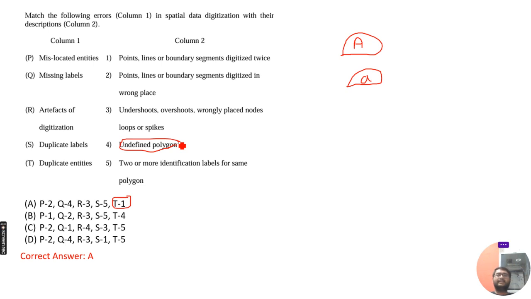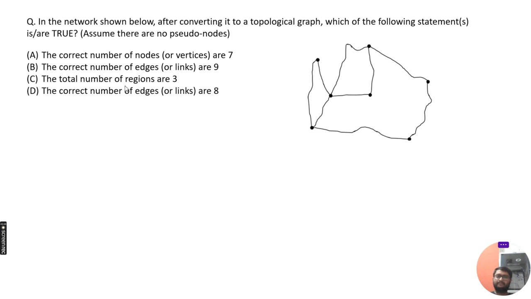So there is no classification of highway suggested by that particular attribute value. So we have removed those data points, which are considered undefined polygons, sometimes. And then we have mislocated entries. It is related to locations mostly. So it is at one place, but we have digitized it at another place.